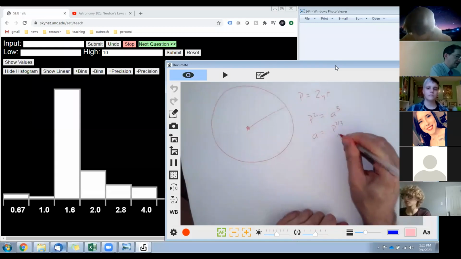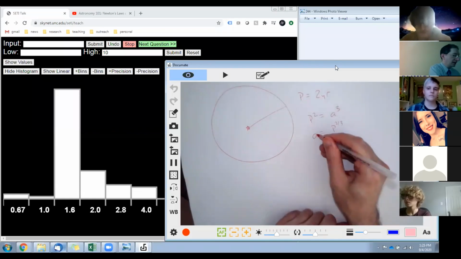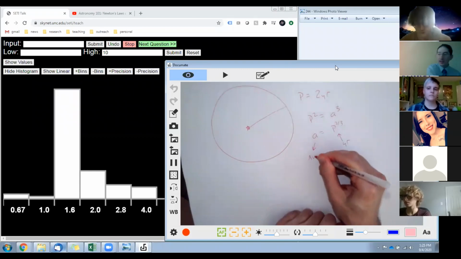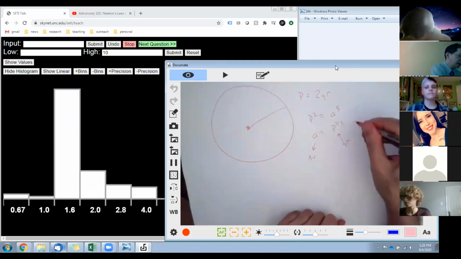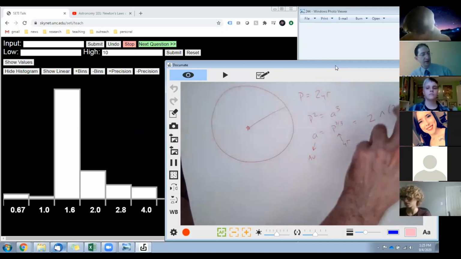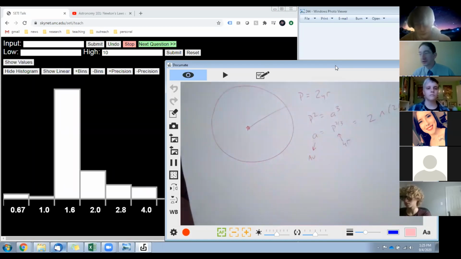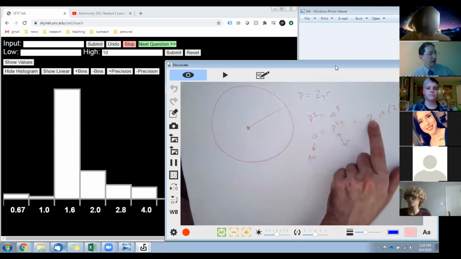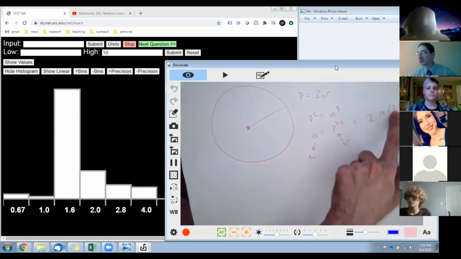You stick the years in here, and what comes out is the semi-major axis in AU. So you just enter 2 and raise it to the 2/3 in your calculator, putting parentheses around the 2/3. Otherwise, you'll do 2 to the 2, which is 4, divided by 3, which is 1 1/3.